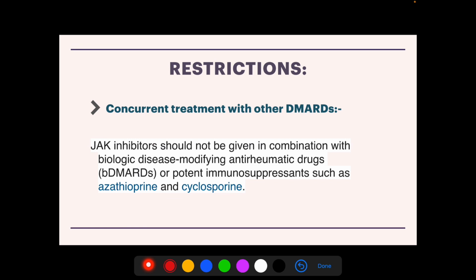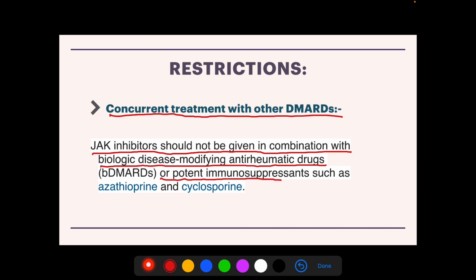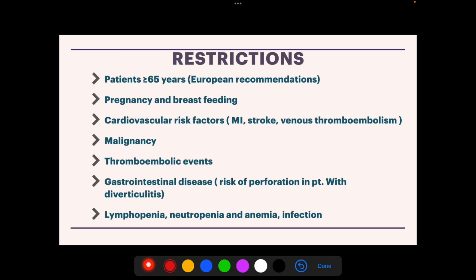What are the restrictions for the use of JAK inhibitors? If the patient is using concurrent treatment with other DMARDs, JAK inhibitors should not be given in combination with biologic disease-modifying anti-rheumatic drugs or potent immunosuppressants such as azathioprine or cyclosporine.